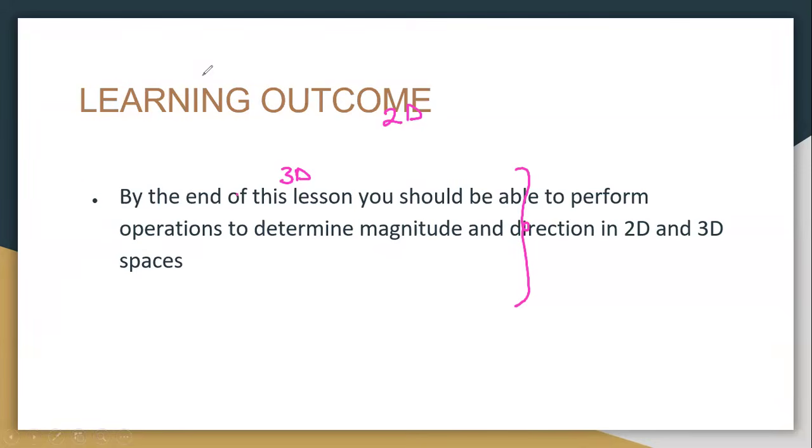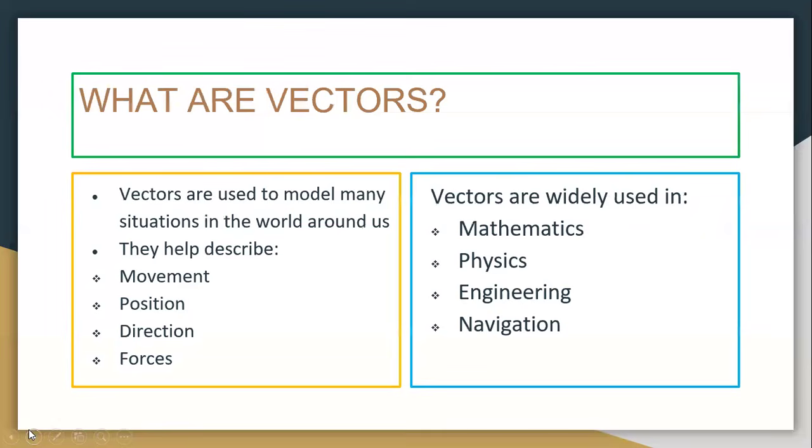In today's lesson, this is the learning outcome, and we shall mainly focus on finding the magnitude and also finding the direction. Those are the two things we are going to look at: magnitude and then direction.